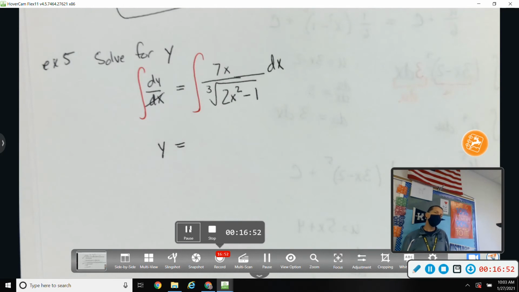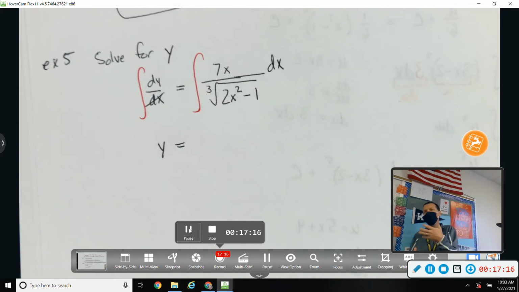And once again, it's all about figuring out what u is. So what do we think? Based on the admittedly few examples you've seen, let's try 2x squared minus 1. You want to make it as much of the stuff as you can, but you don't want to make it too much, because if you make it the cube root, then think ahead.